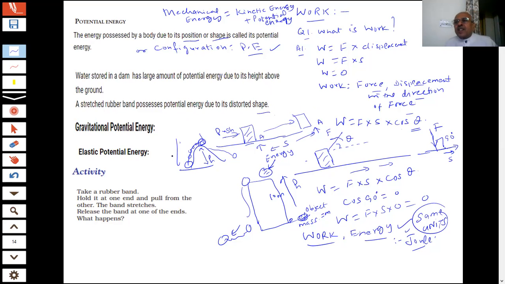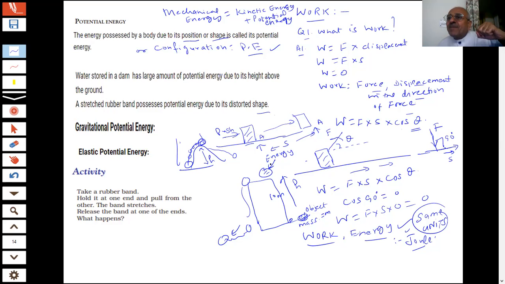Gravitational potential energy. See, an apple on the tree, it falls on the ground. Apple falls on the ground, student, and it has what type of energy? It is raised from the ground, student. Gravitational potential energy. As I said, when objects are lifted to a higher height, they acquire energy.